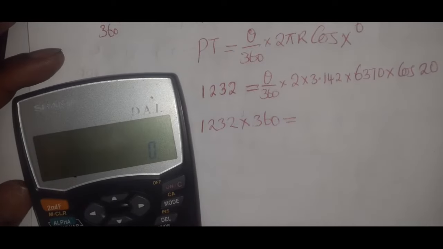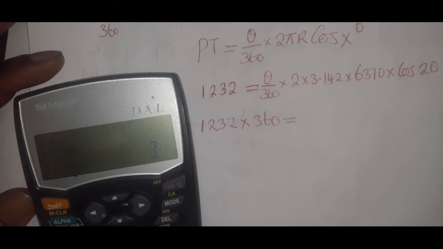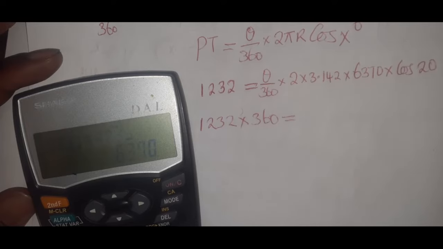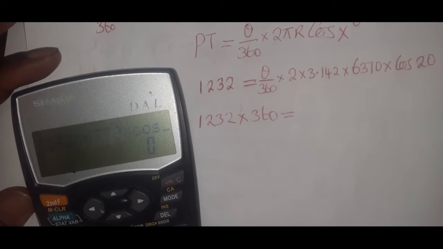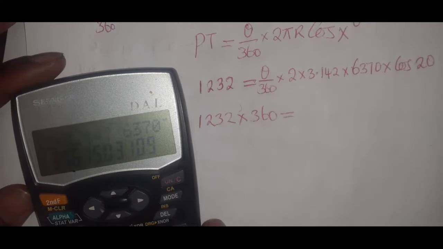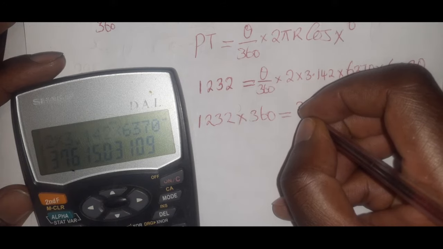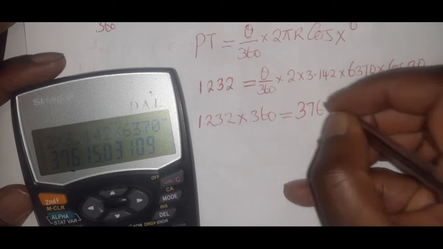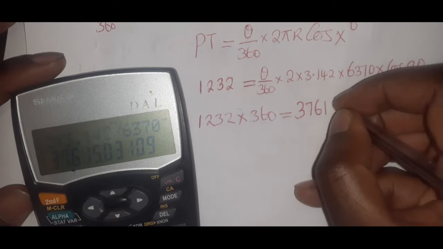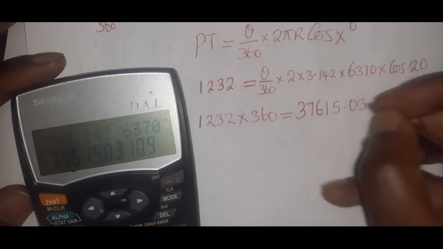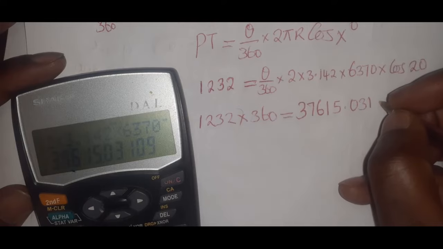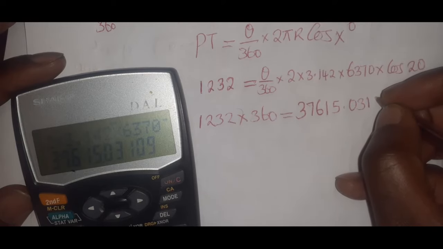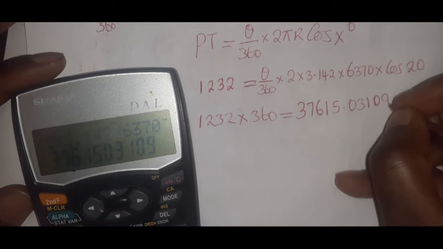We say 2 multiplied by 3.142 multiplied by 6 multiplied by cos 20. This is going to give us 37615.03109.